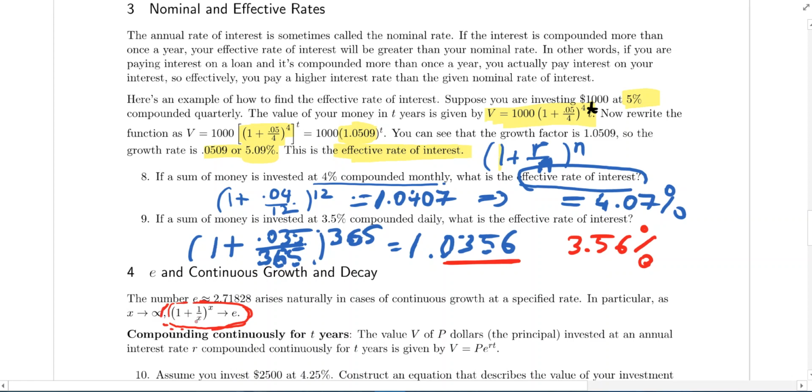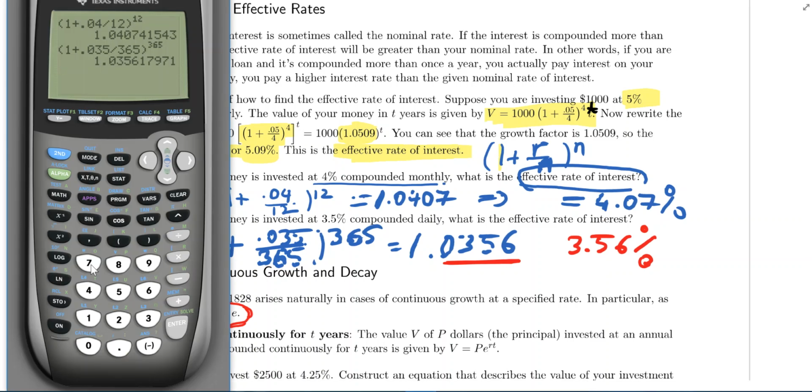So if you let n or x be 10,000, let's see what happens. So this quantity, 1 plus 1 divided by 10,000, and then to the power 10,000.